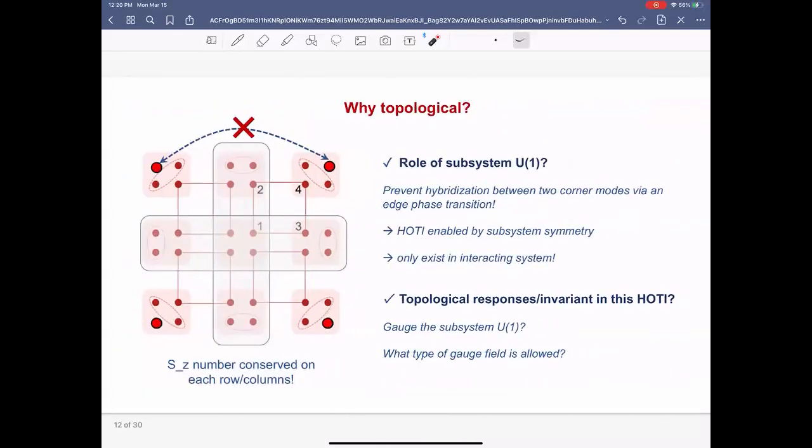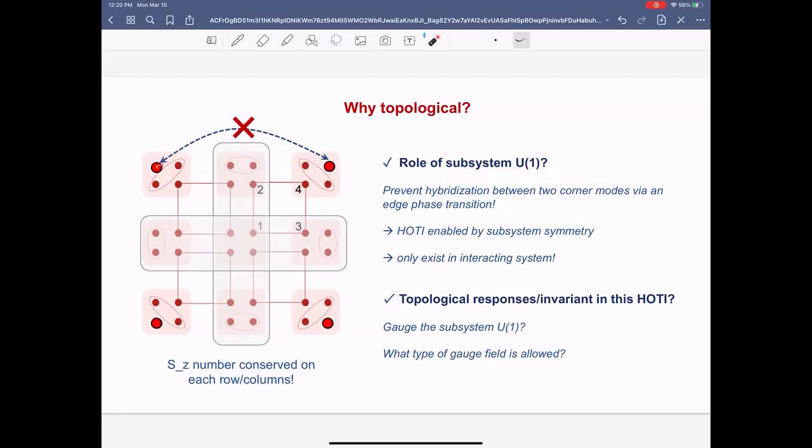And in particular, here, the spin-1/2 degree of freedom localized at the corner is protected by both the time reversal symmetry and subsystem U1 symmetry. So time reversal symmetry has to be unbroken. Otherwise, we can always polarize the spin at a corner in the Z direction. In the meantime, the subsystem U1 symmetry is also important.